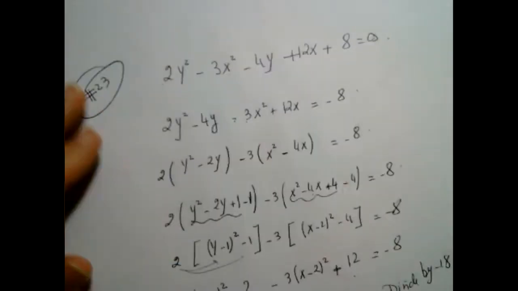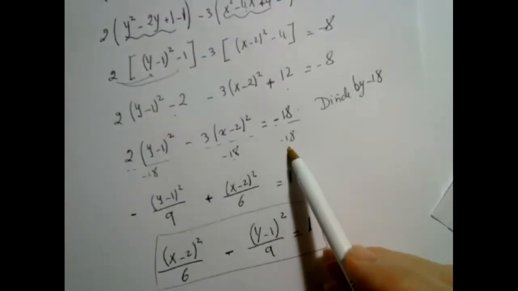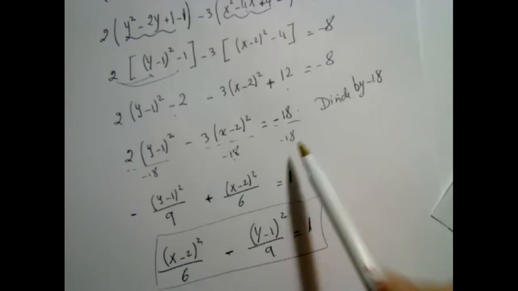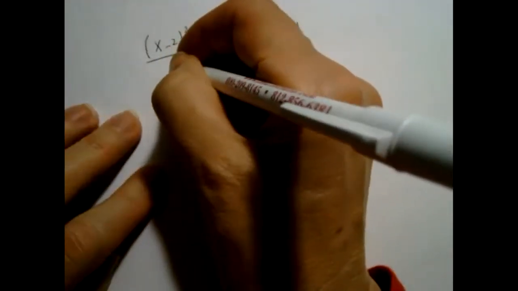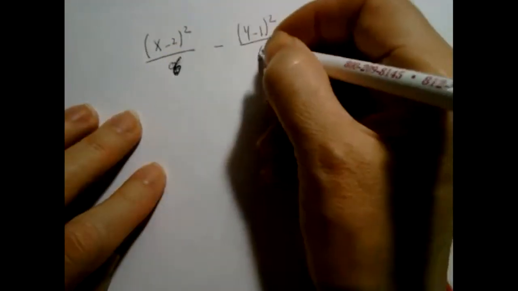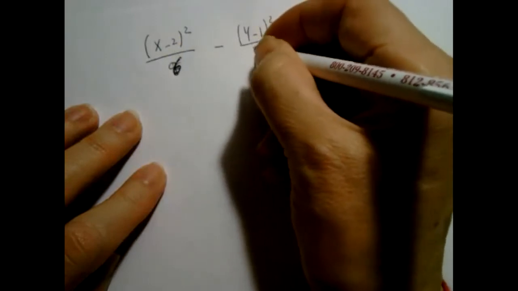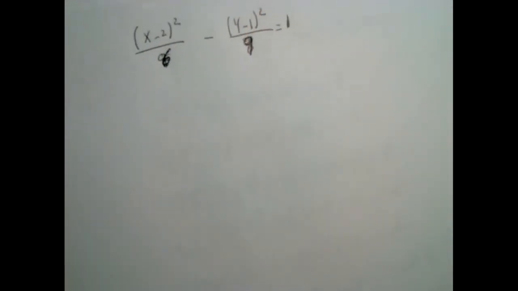No, because when we divided by minus 18, this plus turned into a negative. But it says right there x minus 2 over 6. Oh, I thought what you meant is the y first and the x. Oh, no, sorry about that. I should have been more clear. Yeah, you're right. Very good.